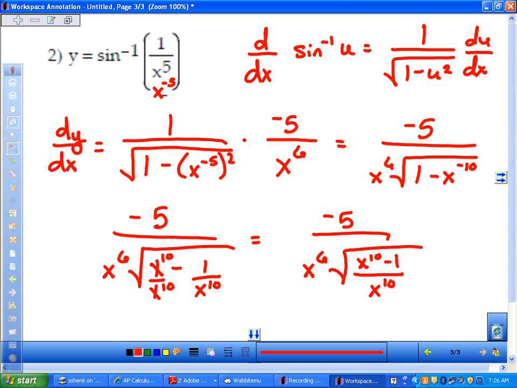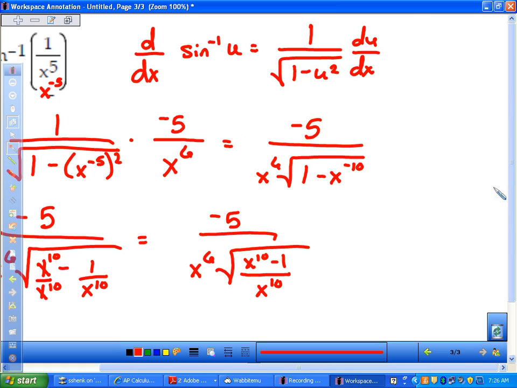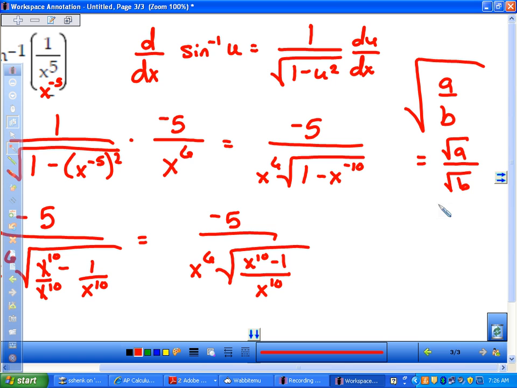Okay. Well, now we've got a fraction under a radical. And recall, if we have the square root of a over b, it really becomes how many square roots? It's the square root of the top over the square root of the bottom. So in this case here, this is really radical x to the 10th minus 1 over radical x to the 10th.